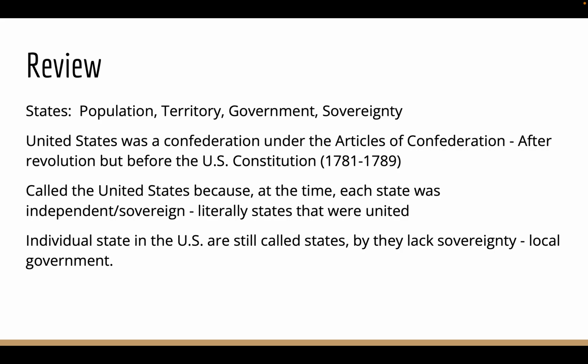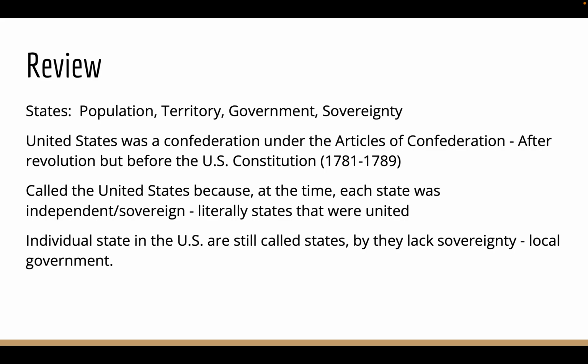So when the United States was first created after the Revolutionary War, we were a confederation under the Articles of Confederation. Before we wrote this new Constitution, we called ourselves the United States because literally at that time, each state was independent and sovereign, but those 13 independent sovereign states united to give this new government that we created after the Revolution some powers.